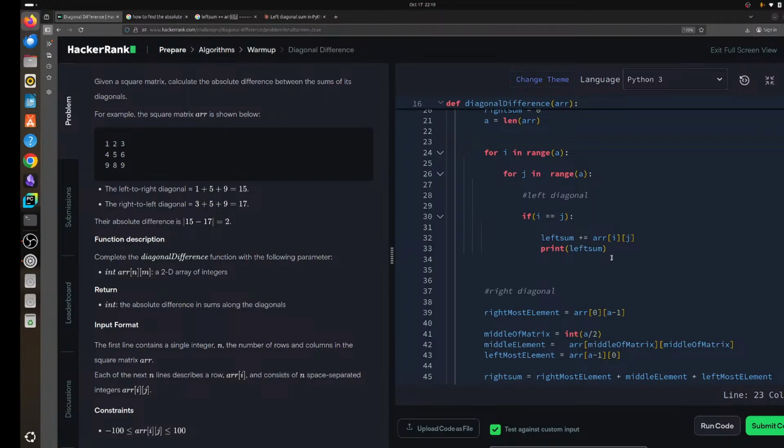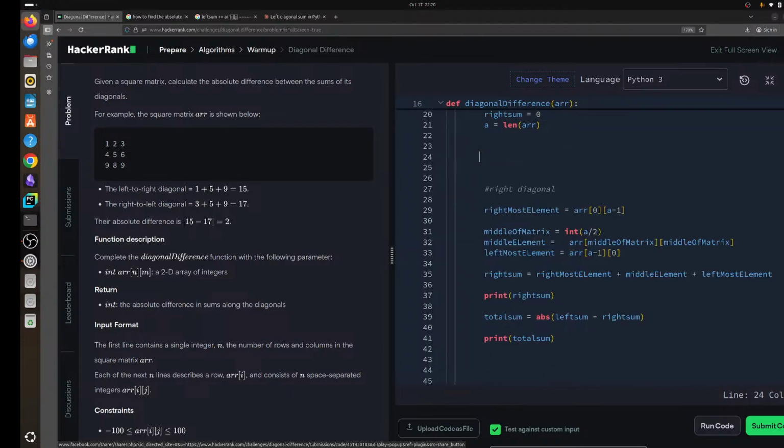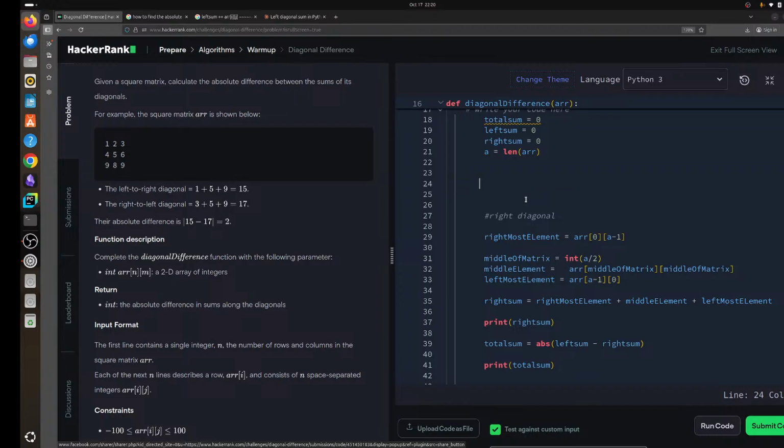In this case, we don't need the array. A is fine. Let's see. Left diagonal, diagonal.